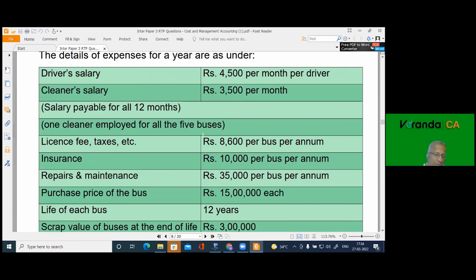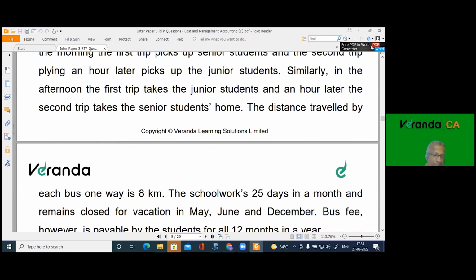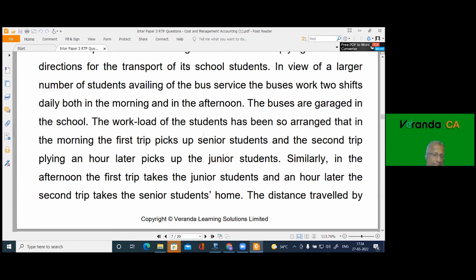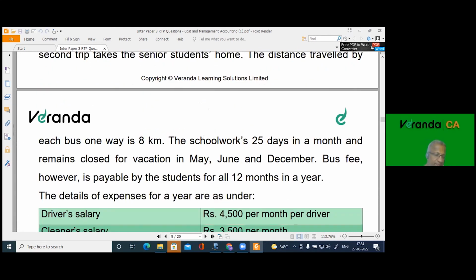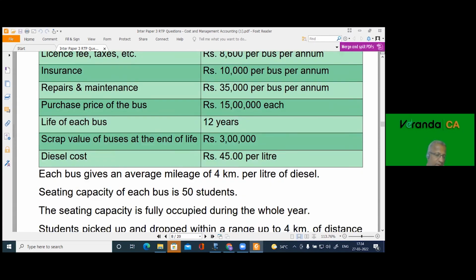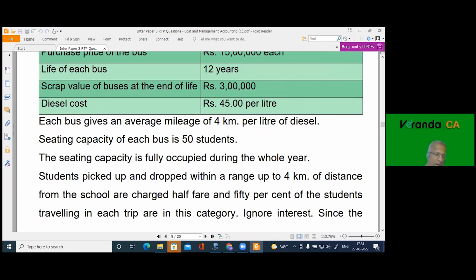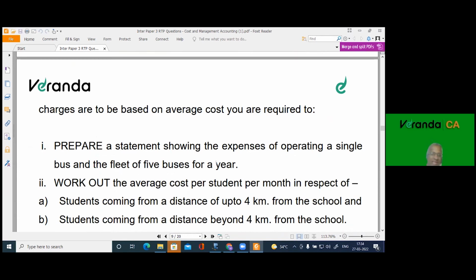I think they have mentioned it somewhere. Yes, they mentioned it so clearly that you can't ask them to park somewhere else. Okay, so that they have mentioned.